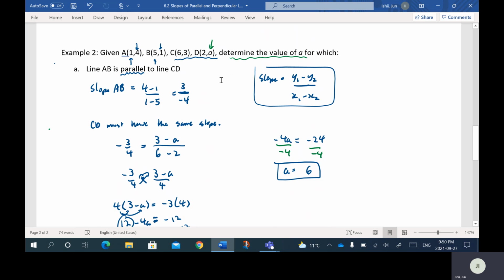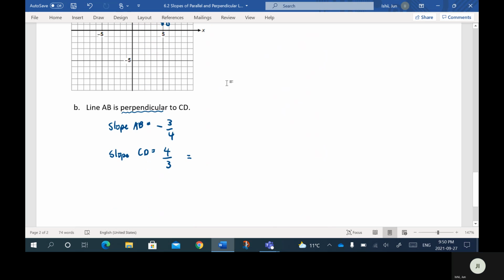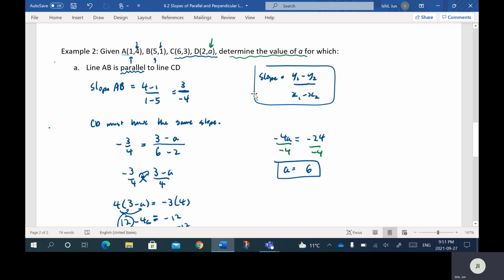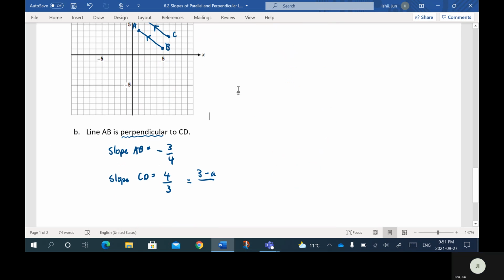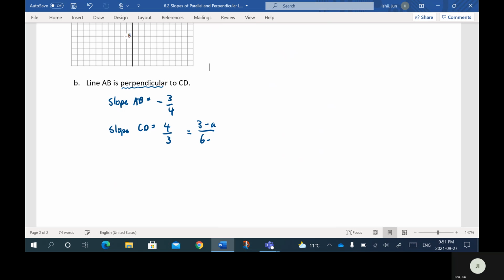So 3 minus A over, forgive me, I just have to keep scrolling back and forth, my x values, which were 6 minus 2. Again, I want to solve for A here.